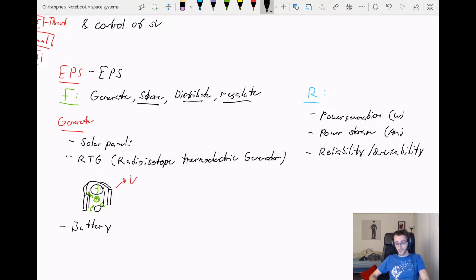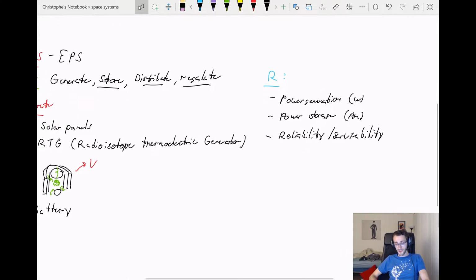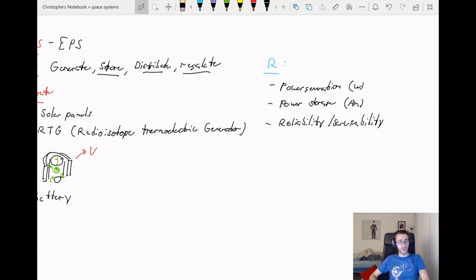So if you ever see something that mentions TRL levels, that's technology readiness levels. I'm just going to put that underneath here. TRL levels are basically just an organized way of labeling different levels of trustworthiness and testing reliability for a component.